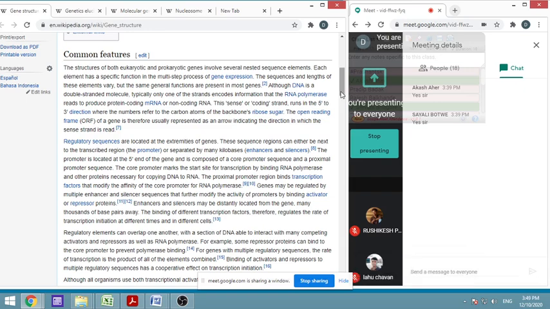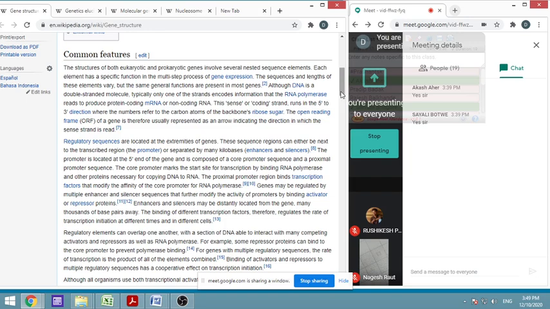Genes may be regulated by multiple enhancer or silencer sequences, which can further modify the activity of promoters by binding with activator or repressor proteins. So there are a variety of activator and repressor proteins participating in the gene expression activity, or what we can call the transcription activity.